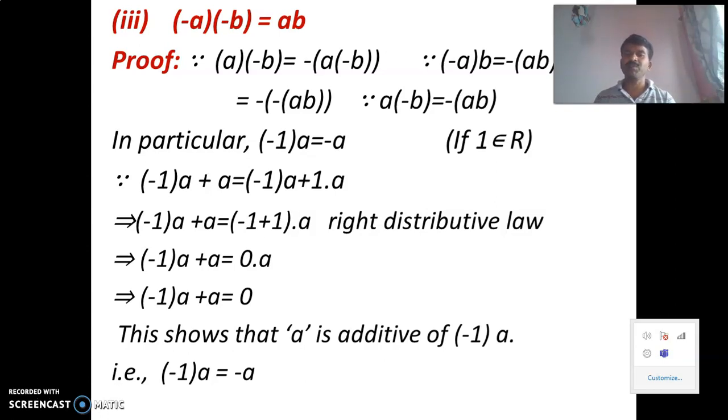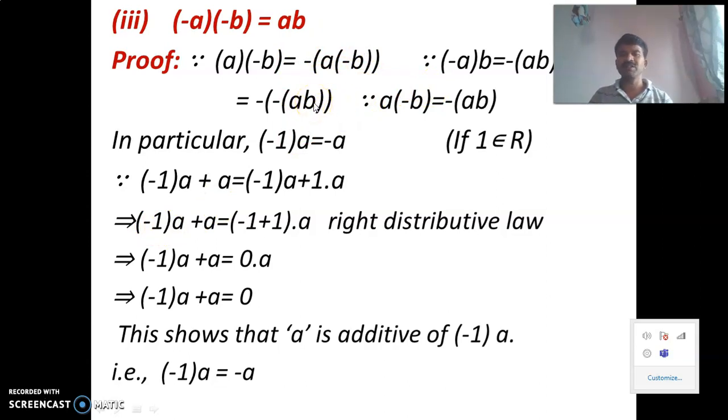By taking the previous result, A into minus B is minus of AB. Taking the minus outside of B, we get minus into minus, since A of minus B is minus of AB, and so minus into minus gives always AB.